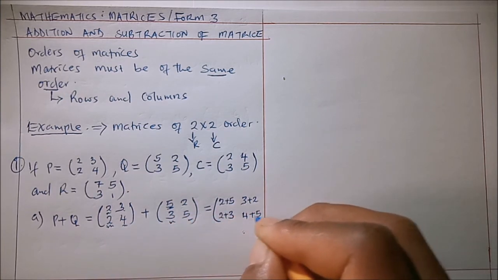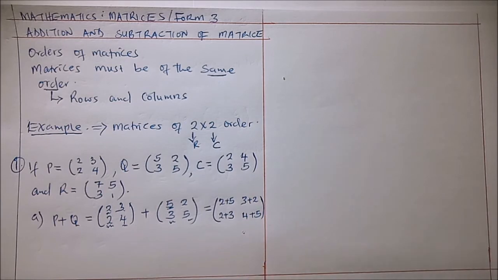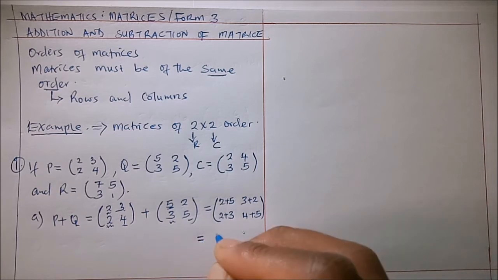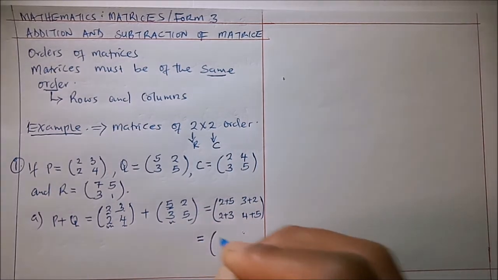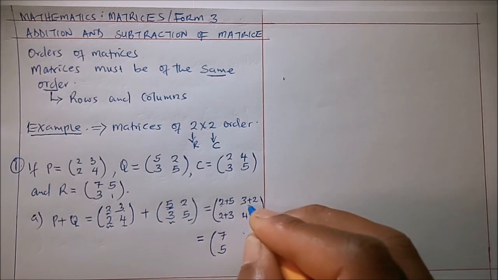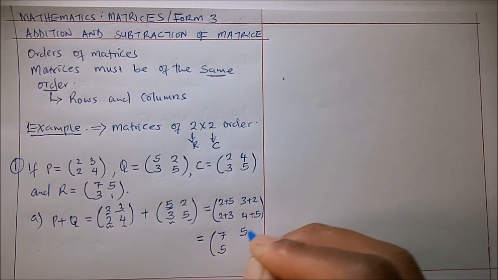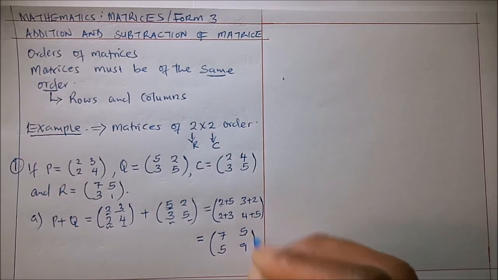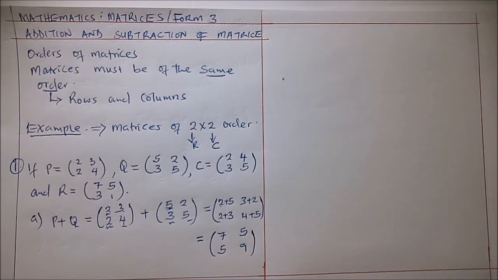If we work that out, our answer is 7, 5, 3 plus 2 is 5, 4 plus 5 is 9. So that is what we expect.